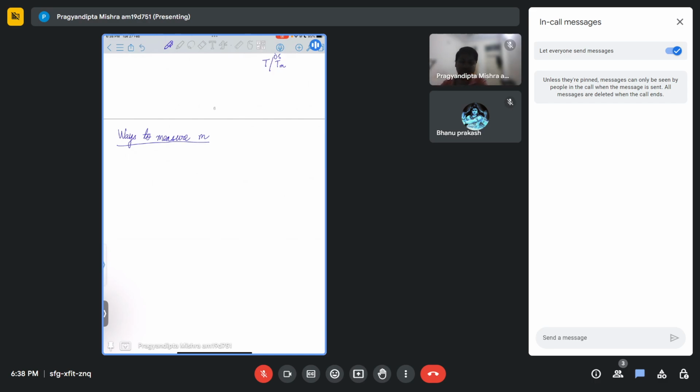So there are two different ways in which you can measure. Both of them are actually relying on the same principle, but they are two different ways that have been defined to measure it. One is you measure your flow stress and strain at two different strain rates.